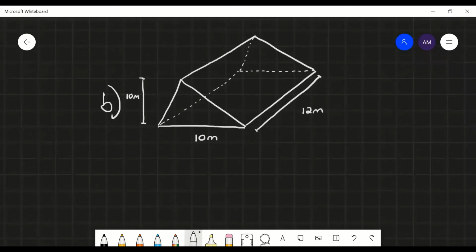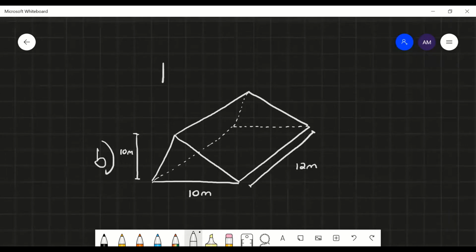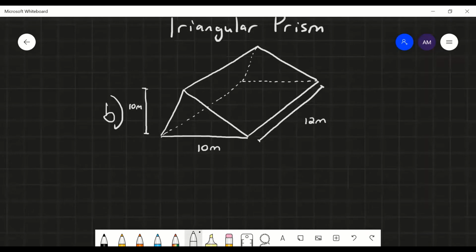Next shape here, this is another prism. You can see because the same shape exists throughout the third dimension, but this is a triangle in its base. So we would call this a triangular prism. Makes sense, I hope. Now, it turns out for any prism, all you have to do is calculate the area of the base.